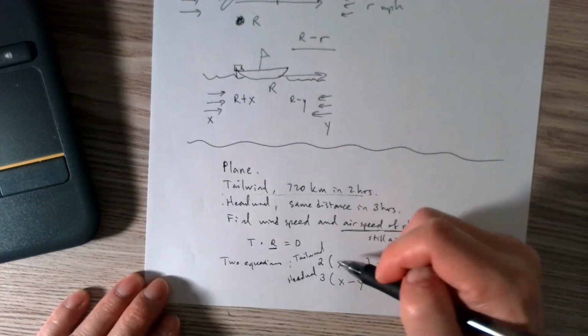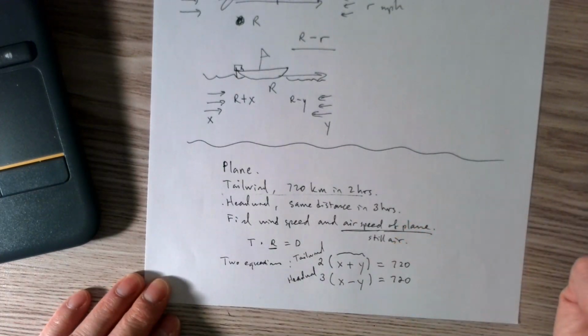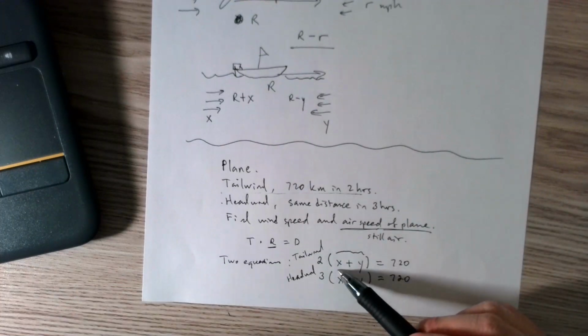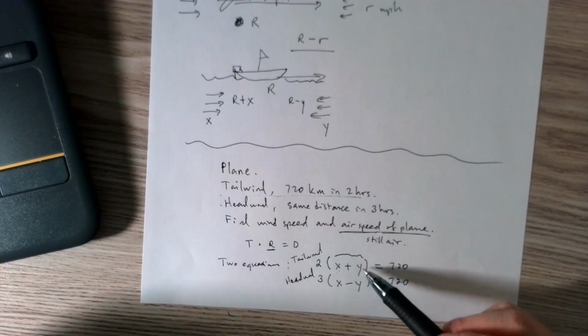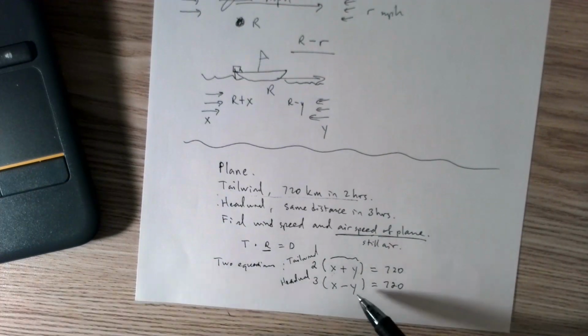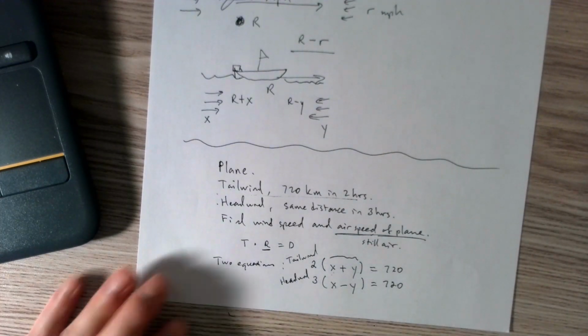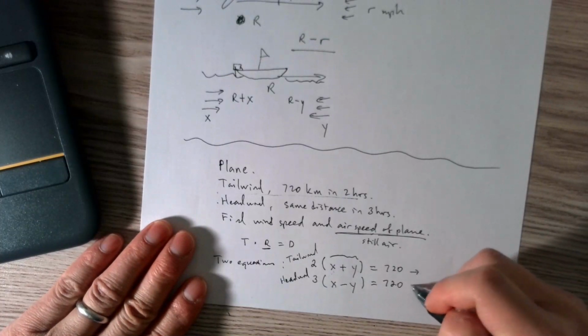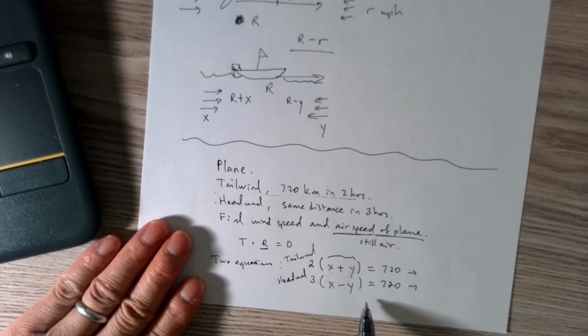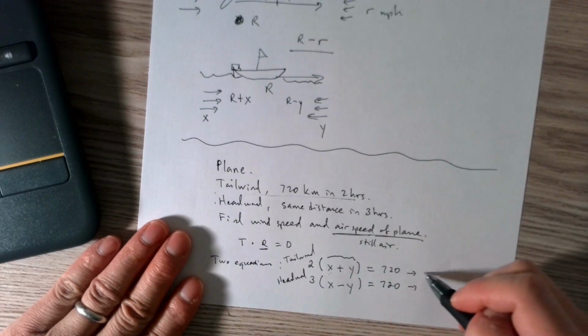Okay, so this is going to be the overall rate, which is composed of, in the tailwind equation, the sum of the airspeed of the plane and the wind speed. In the headwind equation, the overall speed is the difference between the airspeed of the plane and the wind speed. Now, in both of these equations, I can use distributive property.